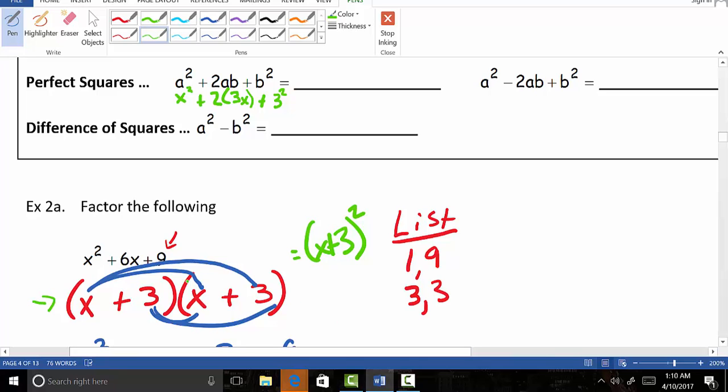We're pretty much taking something and multiplying it by itself, or essentially squaring it. That's the exact same thing. And as a result, anytime you see this pattern of a squared plus 2 times the product of these 2 things being multiplied together plus the b squared, then that's really the same thing as saying that same binomial being squared, in this case not x plus 3, but a plus b being squared.